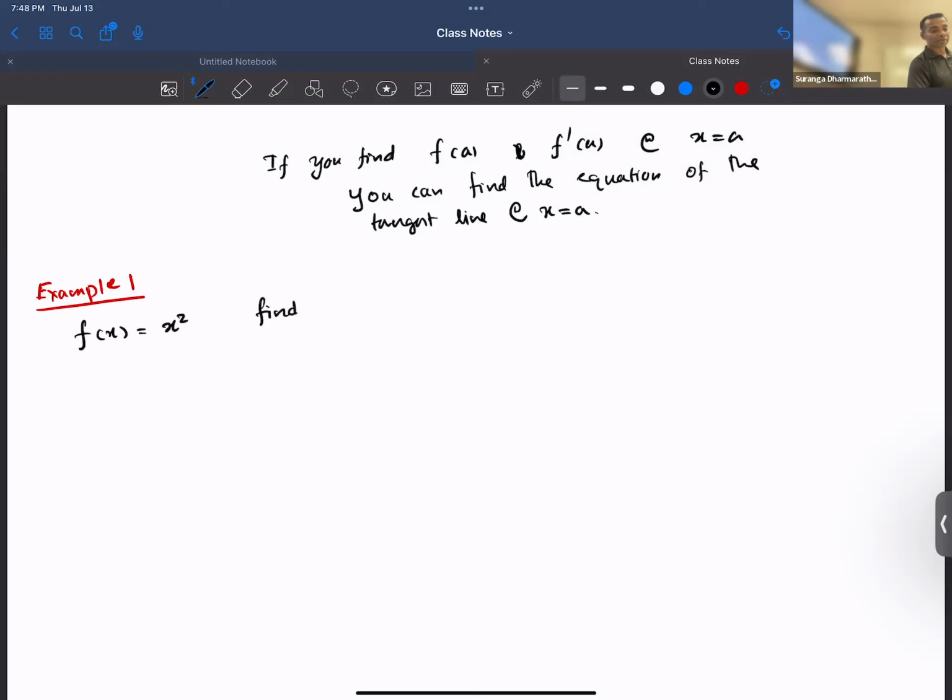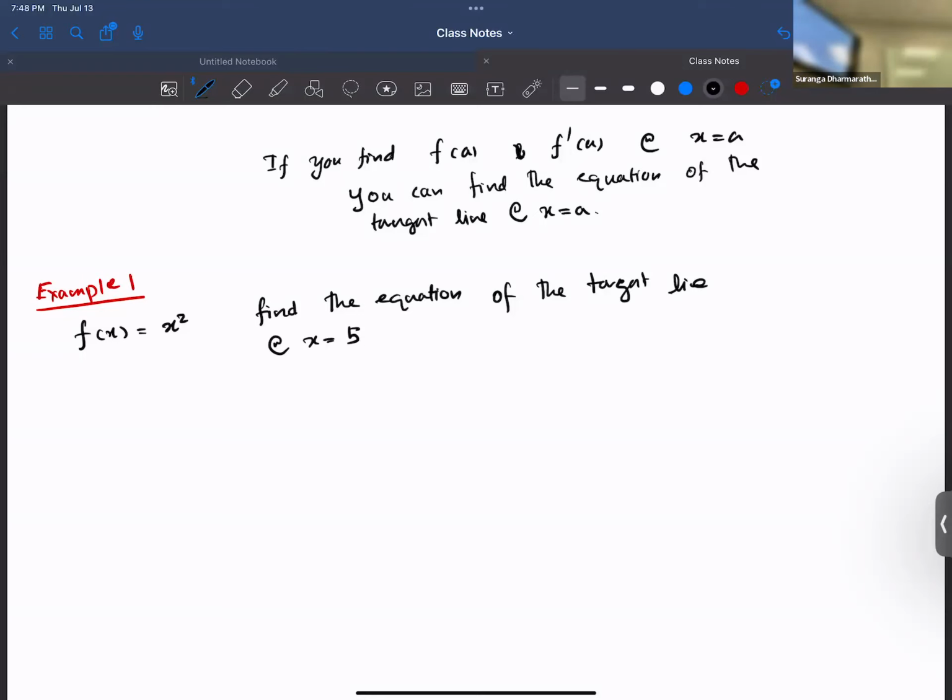Find the equation of the tangent line at x equal 5. Okay, I'll give you 2 minutes, and then we'll discuss. 2 minutes, okay? No more than that.